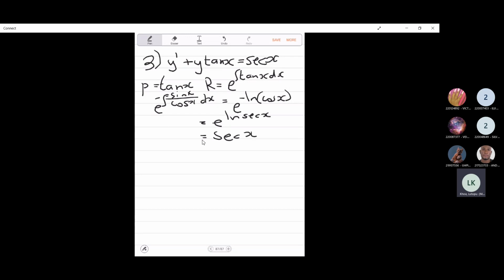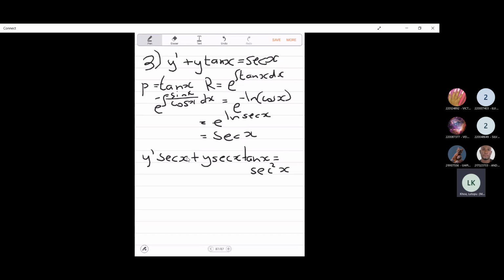Then I will multiply my differential equation by sec x. So I have y prime times sec x plus y sec x tan x, which is equal to sec squared of x.